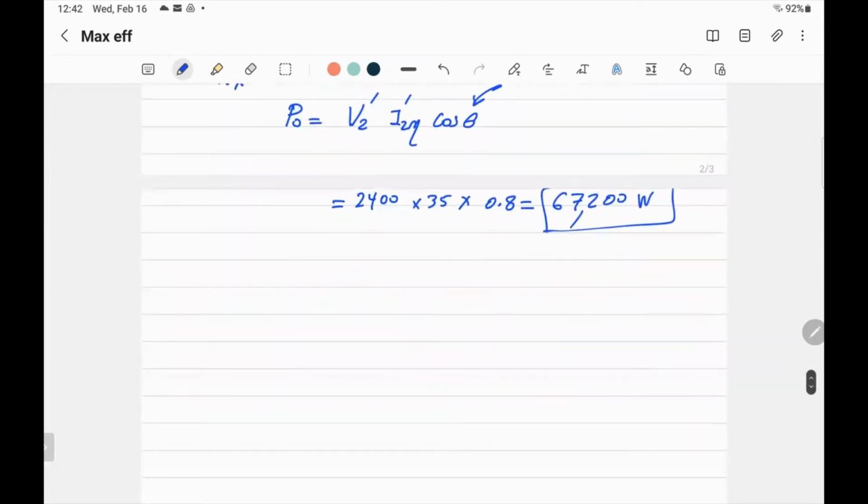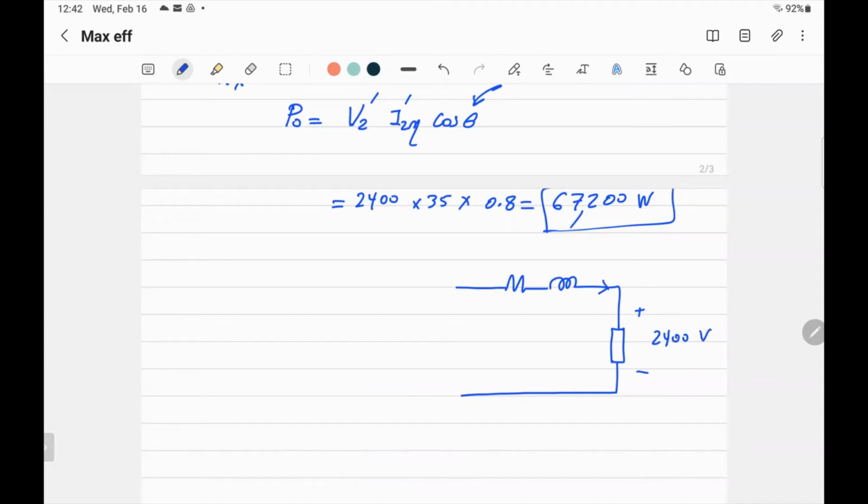Let me just sketch this. If you have everything on the primary side, you have resistance, you have reactance, and you have the reflected load, and here V2 dash, which is 2400 volts.